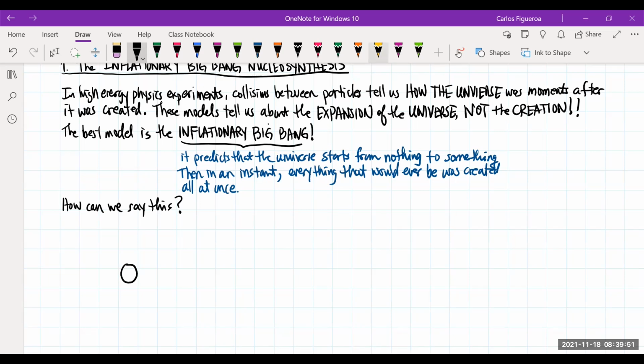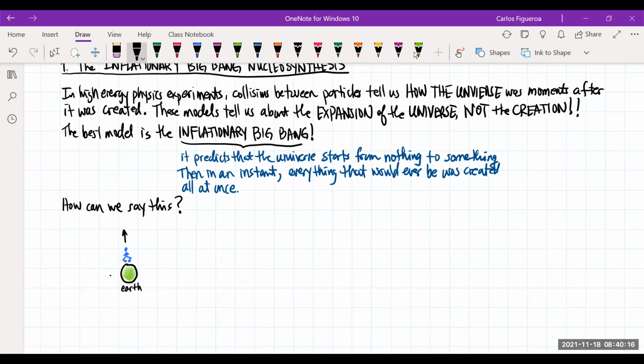Here's your Earth, and you're standing right here. When you look out into the universe, what you see is super, super clear.